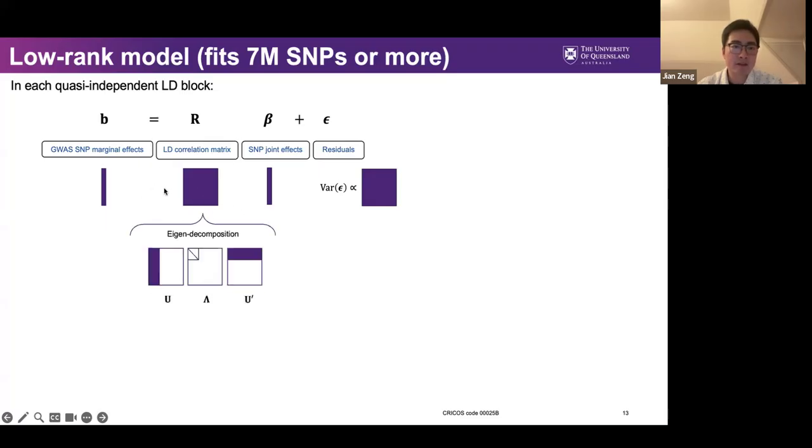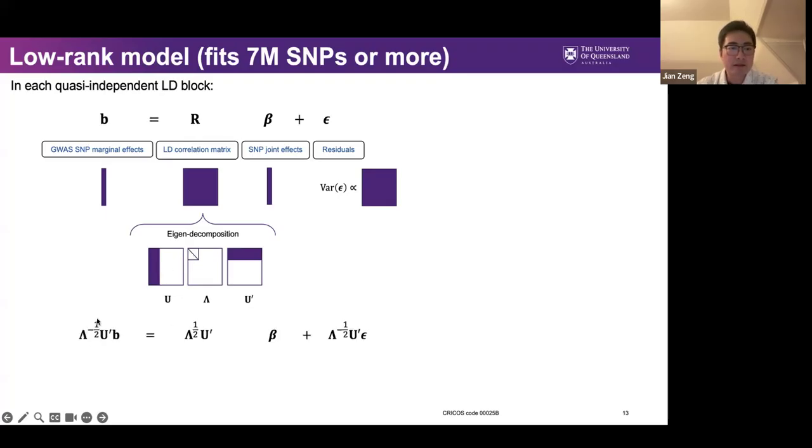Now we have the LD correlation matrix between the SNPs in the block. First, we do an eigen decomposition to factorize the matrix into the matrix of eigenvectors, the diagonal matrix of eigenvalues, and the transpose of the eigenvectors. Now, the trick is that we don't use all of the eigenvectors or eigenvalues. We only use the eigenvectors that correspond to big eigenvalues.